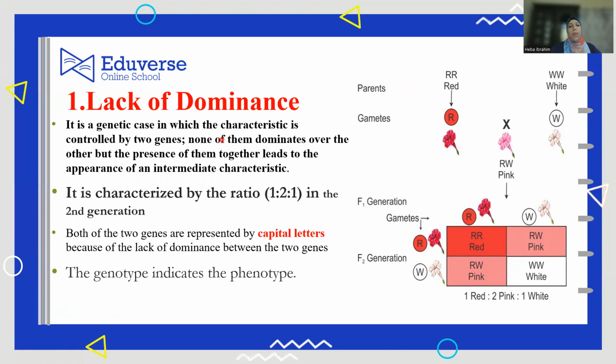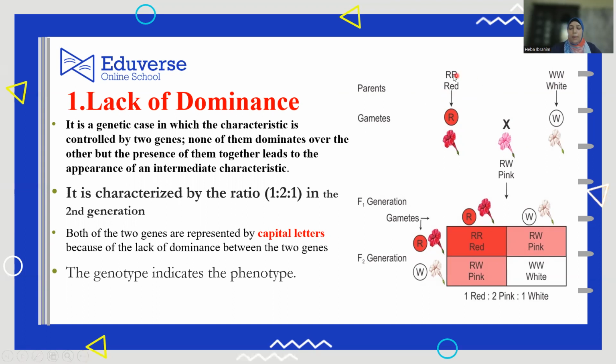The most obvious example in our syllabus is the color of the flower in the Antirrhinum plant. This plant has 2 flower colors, which are red and white. As we studied in Mendel, if red and white, meaning dominant and recessive, are crossed together, the product will be dominant by 100% in the first generation.